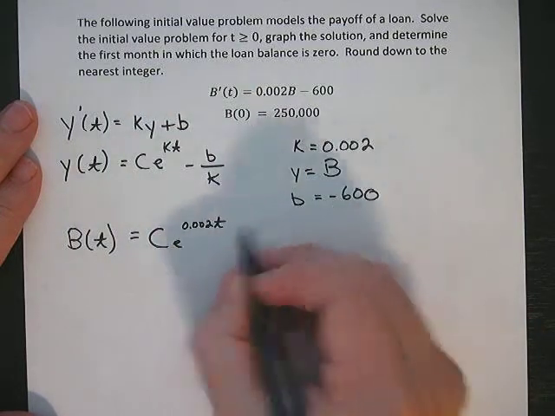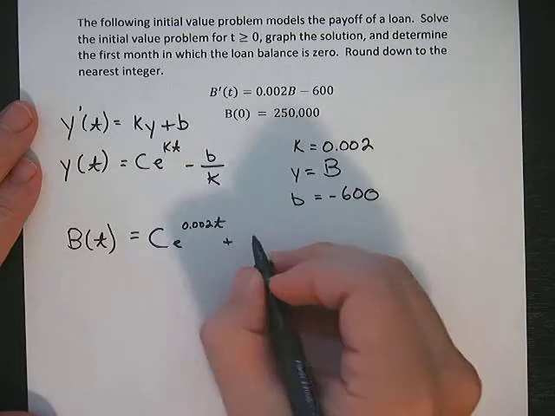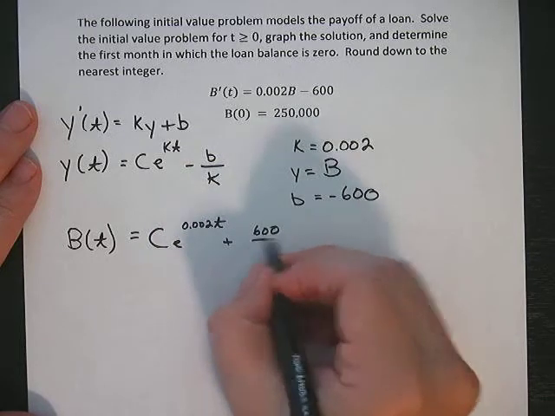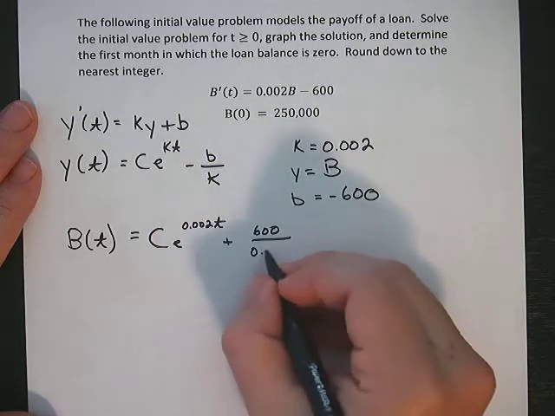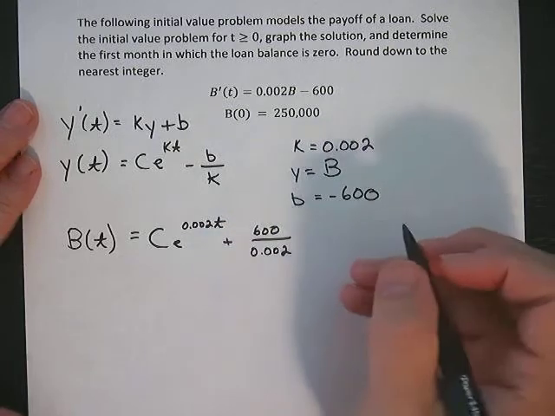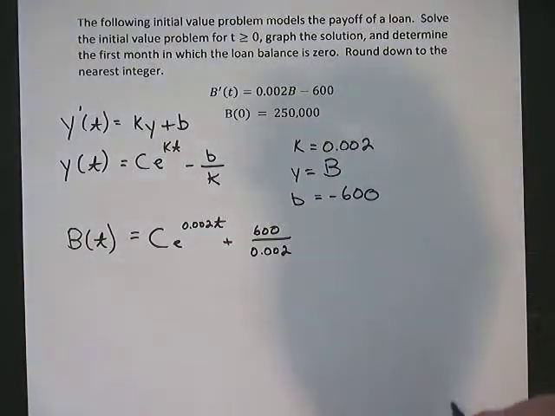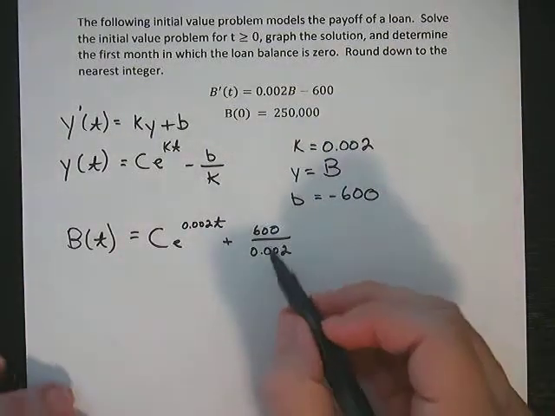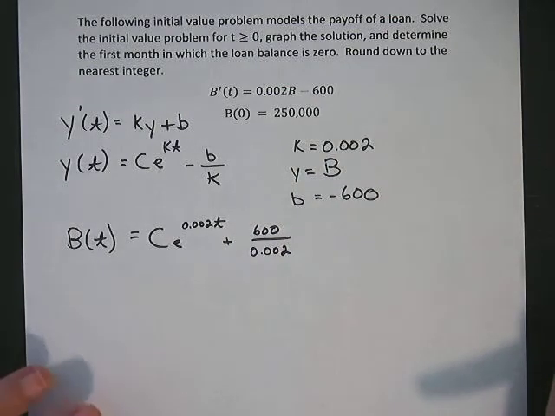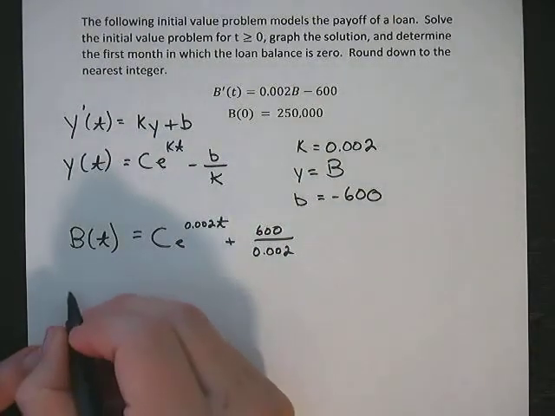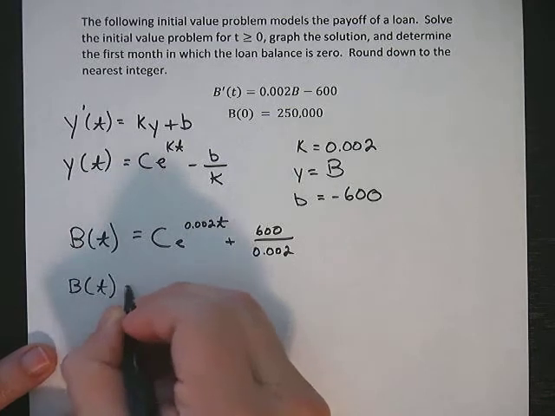So minus, it's already negative, so we'll say plus 600 over the k, which is 0.002. If you put this in the calculator and solve that out, that's going to be 300,000.